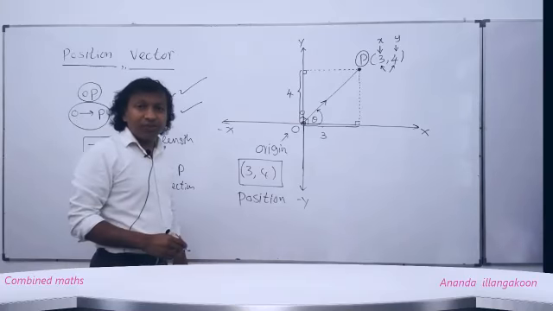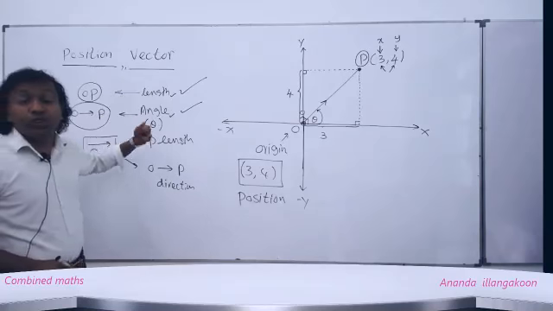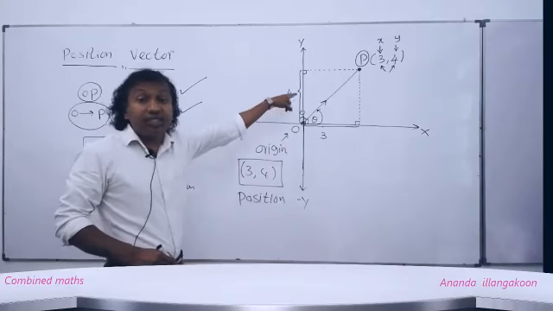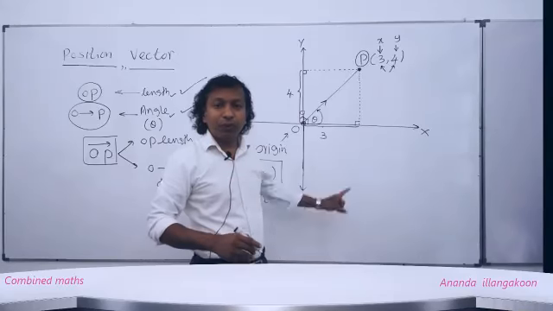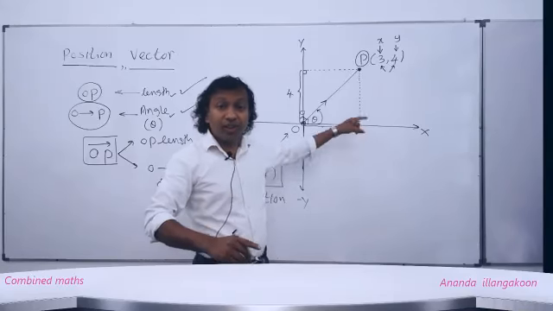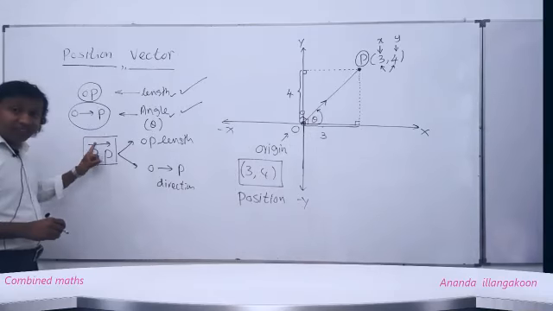Then, people, since the OP vector contains these two pieces of information by which this person at O can easily find the location of P, the position of P is now clearly explained by this OP vector.